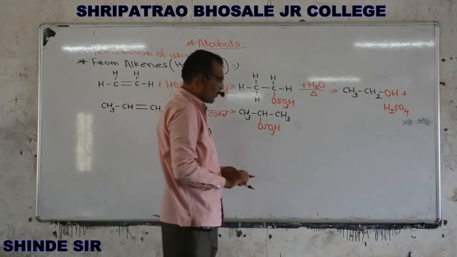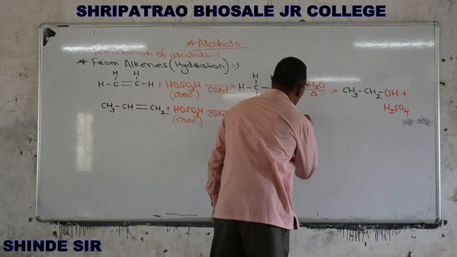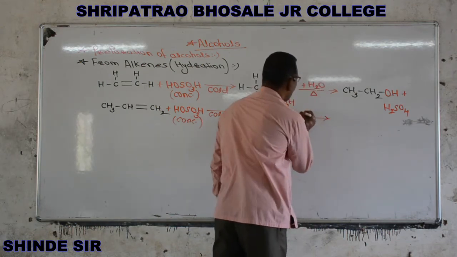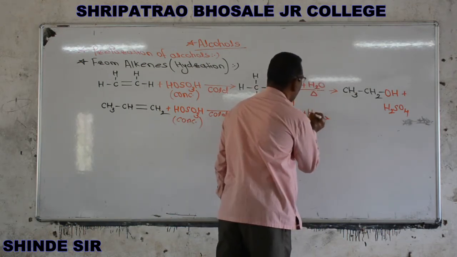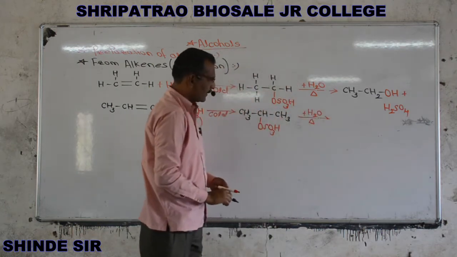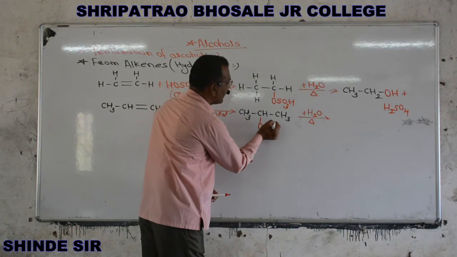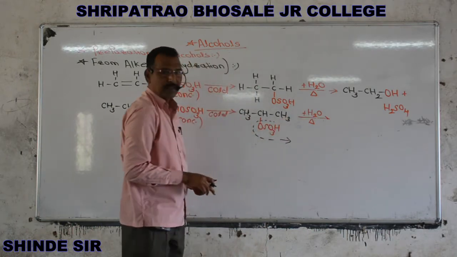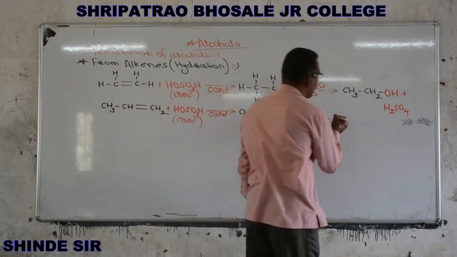Now next, this isopropyl hydrogen sulfate is further heated with water, under heating condition. Now what happens? This group is replaced by OH, and so this compound is formed.